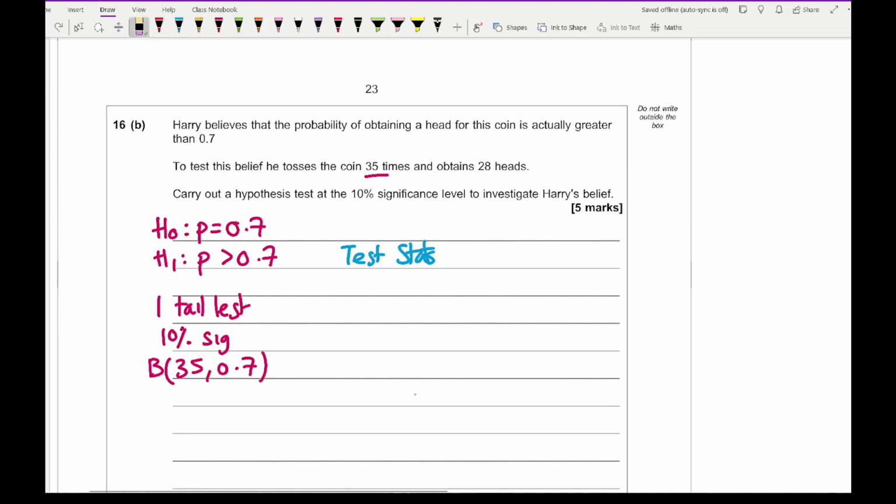The test statistic is therefore going to be the probability that x, and it's always the same direction as the alternative hypothesis, is greater than 28. This is what I then need to work out. Your calculator only gives cumulative values for less than or equal, so it's going to equal 1 minus the probability that x is less than or equal to 27.